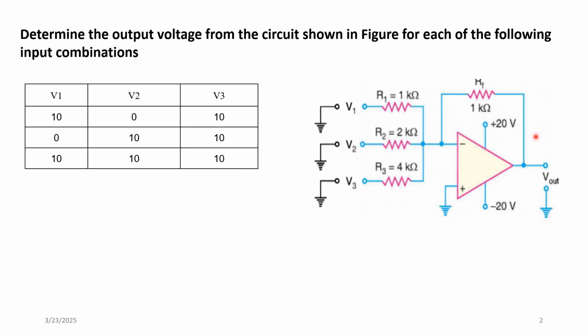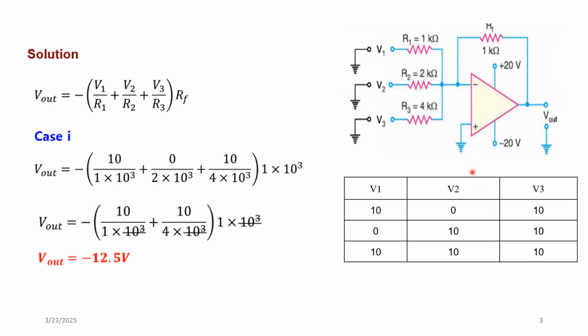So for the inverting summing amplifier, I have taken the formula of V output as minus of V1 by R1, that is the first resistor current, and second resistor voltage divided by R2, V2 by R2, plus for the third resistor V3 by R3, into the feedback resistor RF.